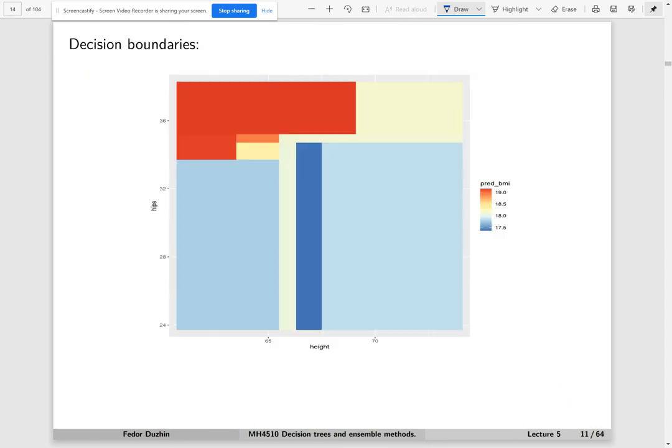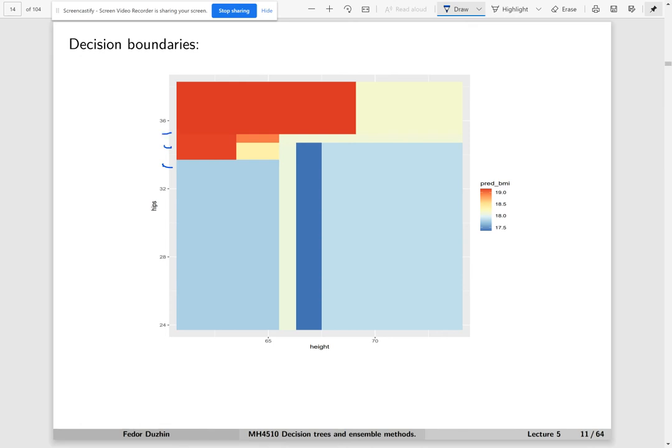Hips 35 is somewhere, this is 32, 36, so probably 33, 34, 35.